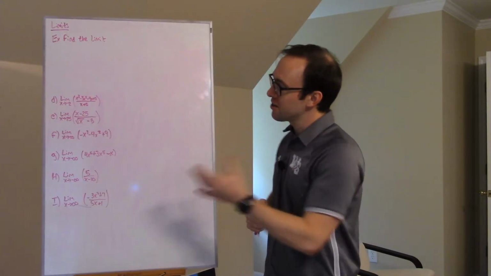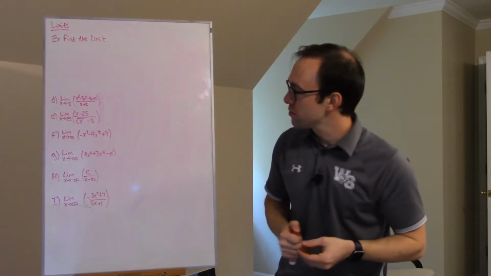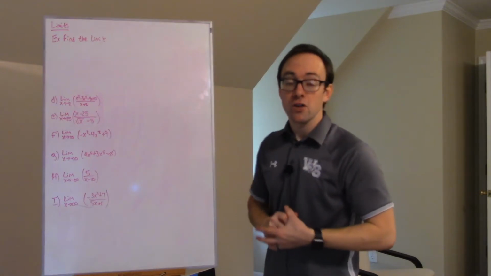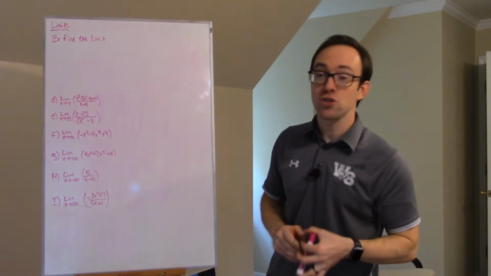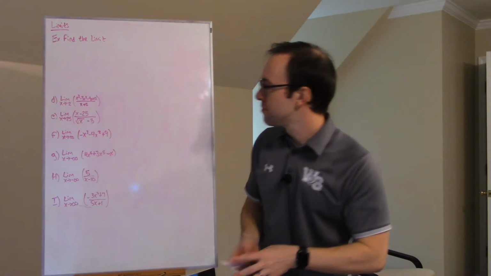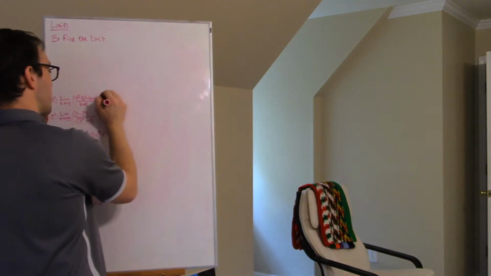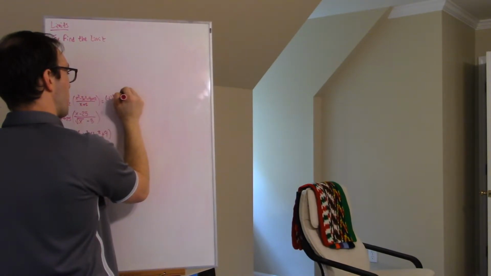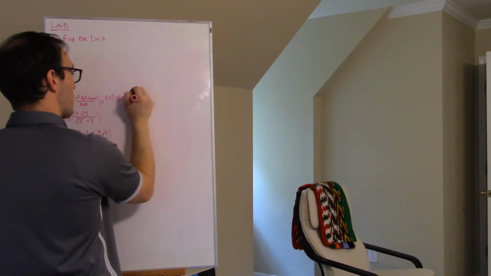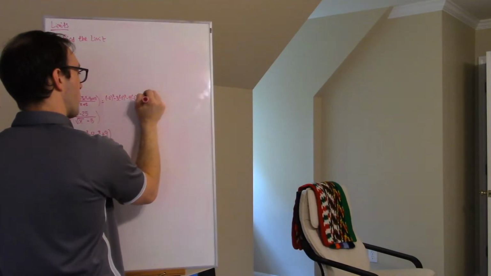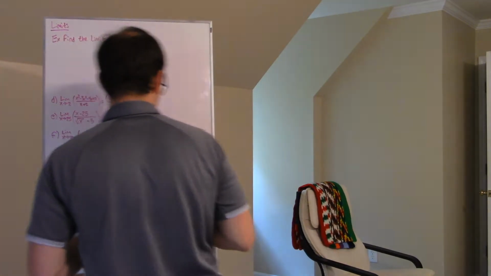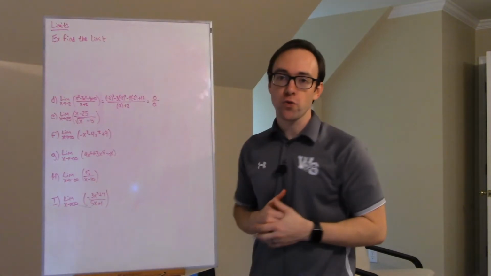Part D. You have the limit as x goes to negative 2 of x to the third minus 3x squared minus 4x plus 12 on top, and then x plus 2 on the bottom. So if we subbed in that negative 2 to the top and the bottom, what you would get is 0 over 0.